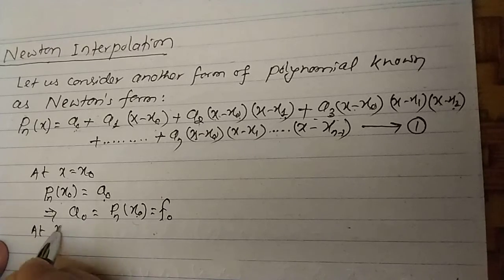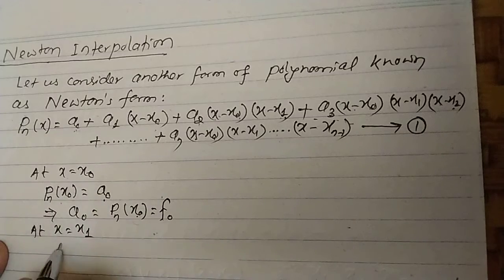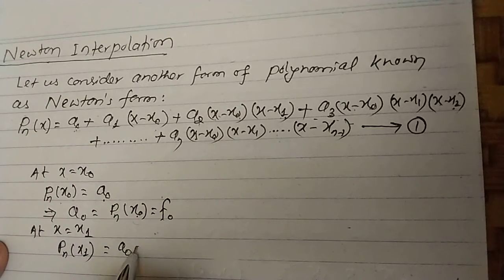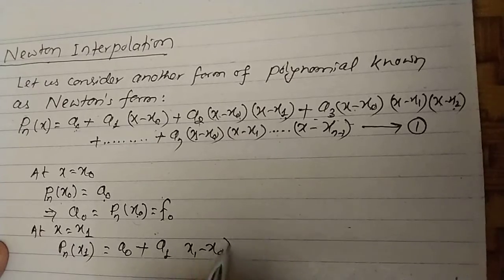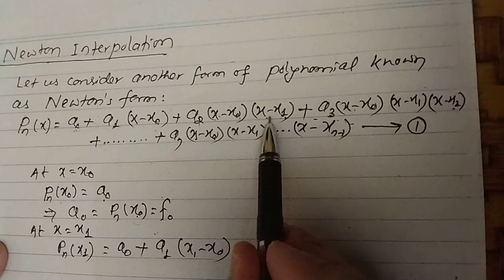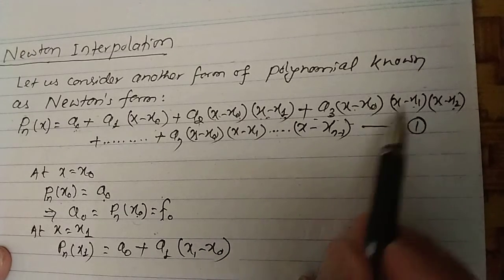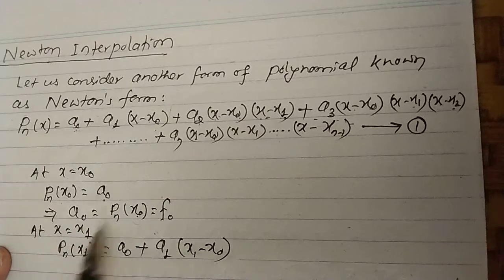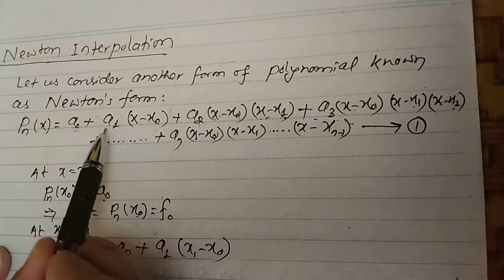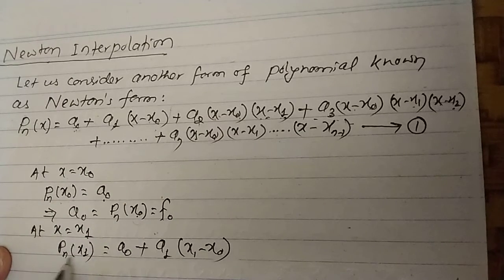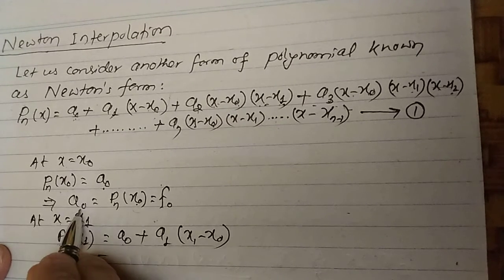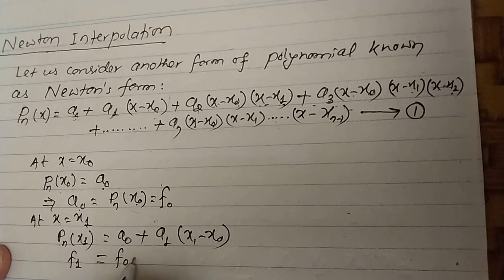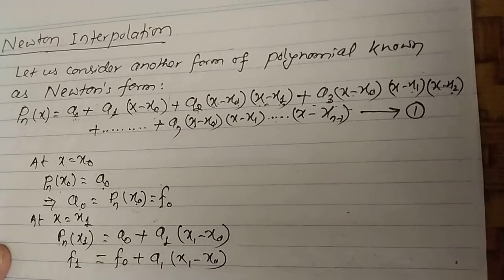Similarly, what happens if we write at x equals to x1? So Pn(x1) will be equal to a0 plus a1(x1 minus x0), and the remaining terms are 0. These have x minus x1, so x1 minus x1 is 0, and all the other terms are 0. So it goes only up to the second term, because the second term does not have x1. So at x equals to x1 the remaining terms are 0, everything beyond a1 is 0. From this we can find the value of a1. The polynomial or function at x1 is denoted as f1. That is also taken from the table. a0 we have just calculated as f0, plus a1(x1 minus x0).